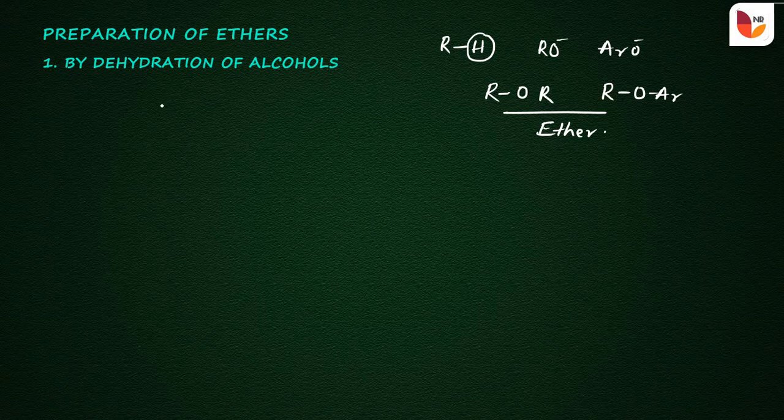For example, let us take ethanol, formula CH3CH2OH. When ethanol undergoes dehydration, which means removal of water molecules, the water can be removed using concentrated sulfuric acid at a temperature of around 413 Kelvin.